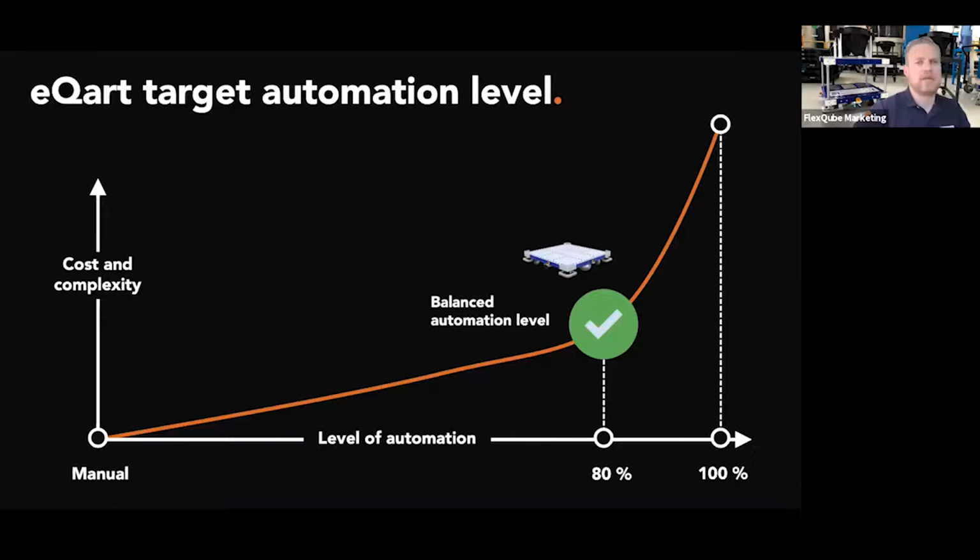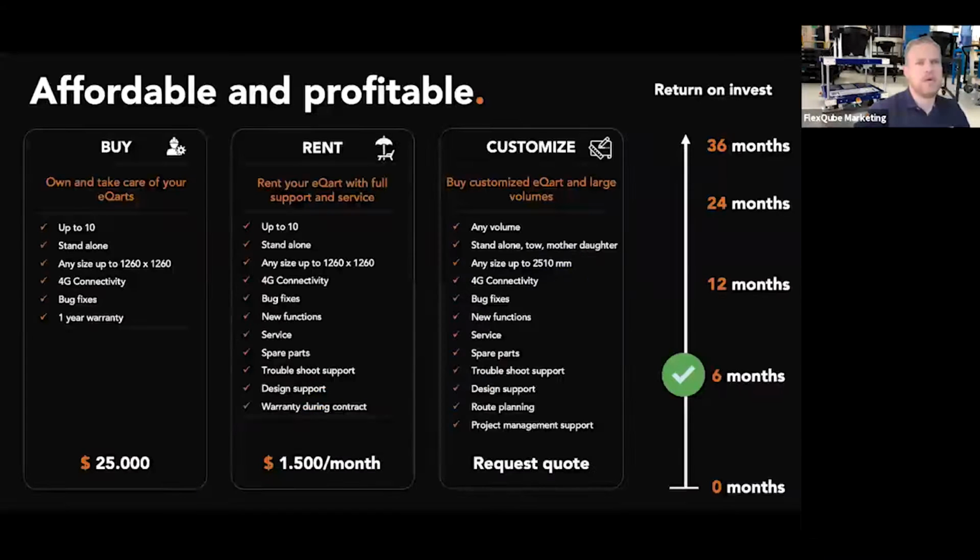We believe that if you want to automate from 80 up to 100%, that will add a lot of cost and complexity to the project. So what we see is that we still want to have some human involvement in the process in order to simplify the implementation and keep the flexibility high.